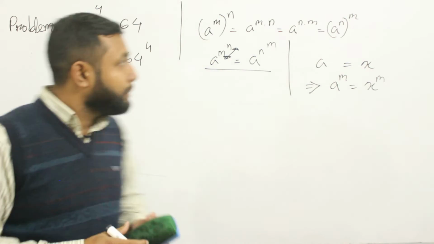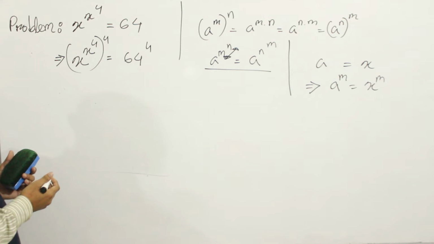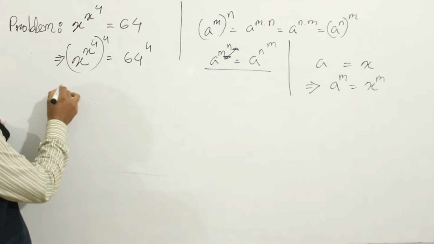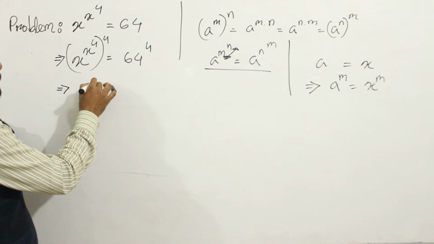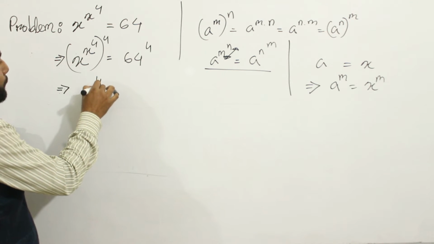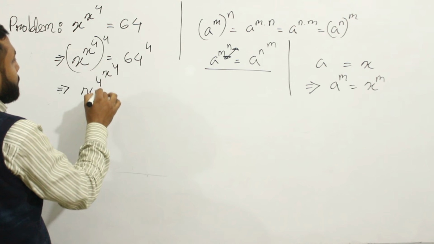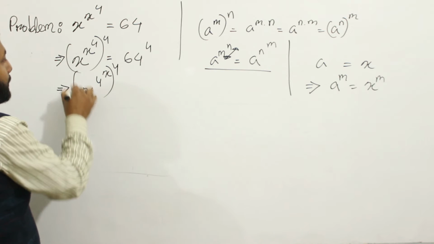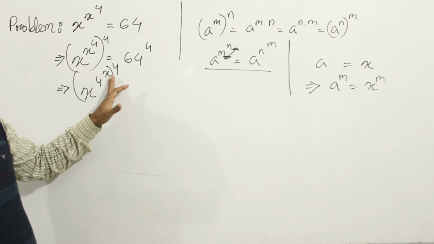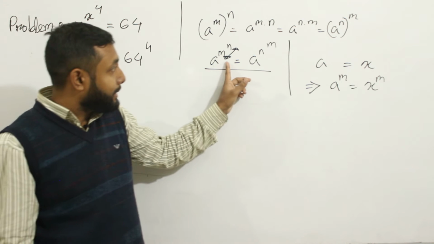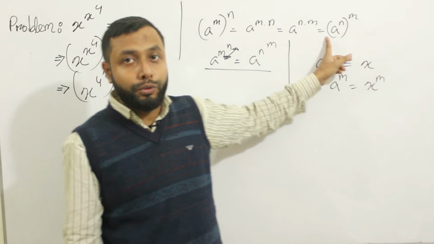So now we can exchange our exponent like that. So we may rewrite x to the power 4 to the power x to the power 4. We just simply exchange our exponent, as stated here, by this formula.